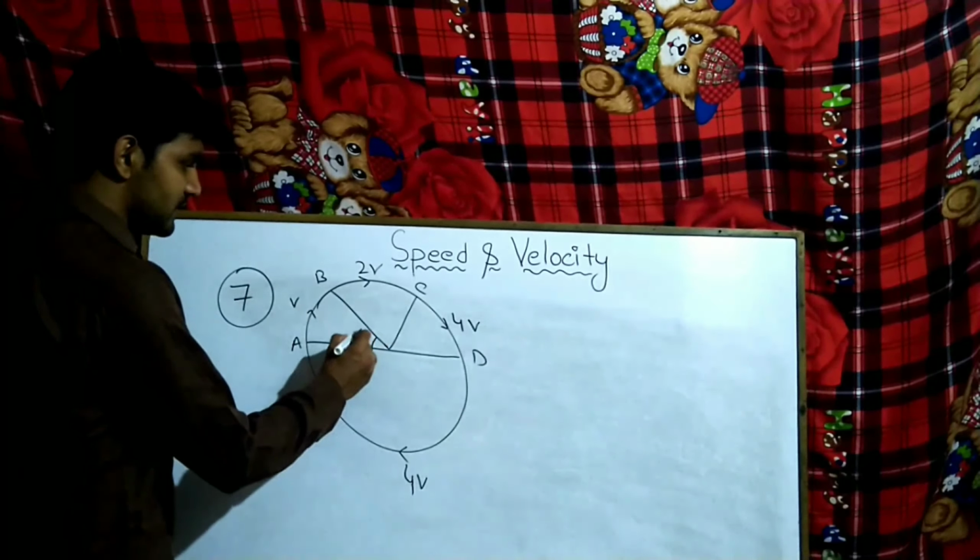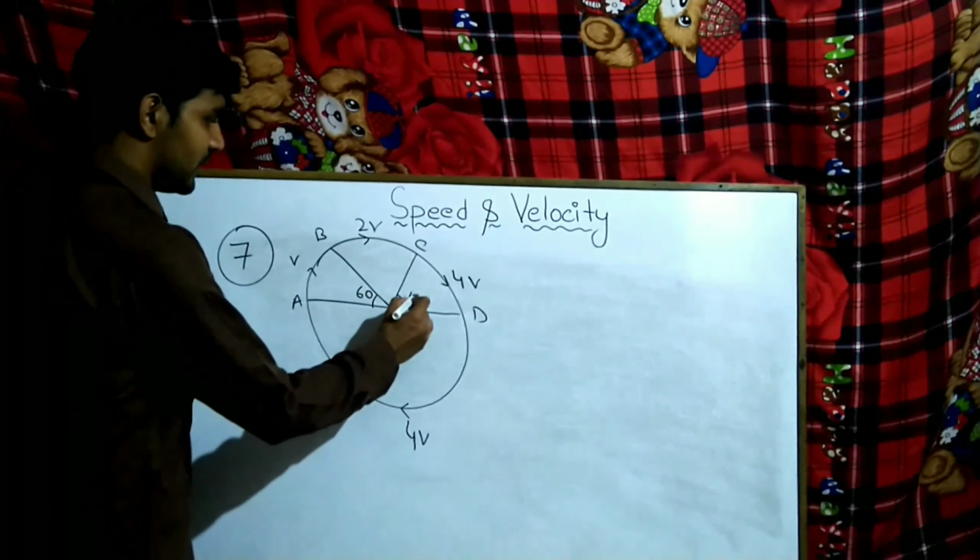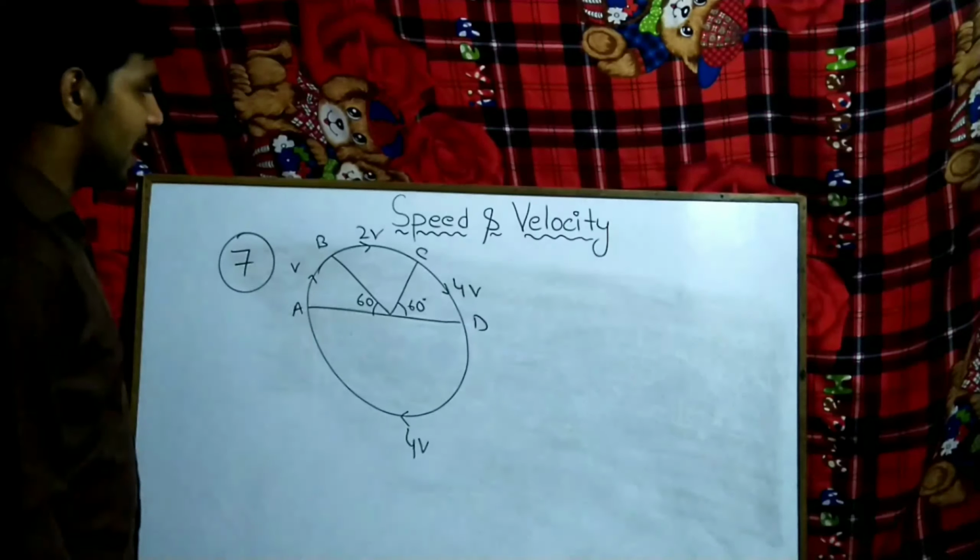Here 60 degrees is given, here also 60 degrees is given. We have to find the average speed.